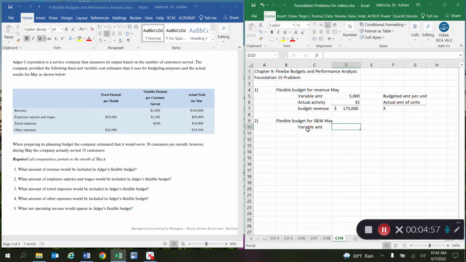They told us it was $1,100. That came from right here. And then it's based on the number of customers served, so that's going to be actual activity. That's 35, so we'll multiply that out, and this will be the variable total amount. So let me calculate this.